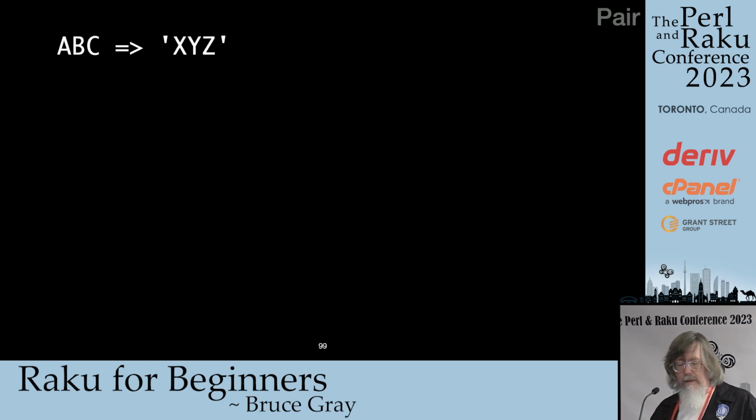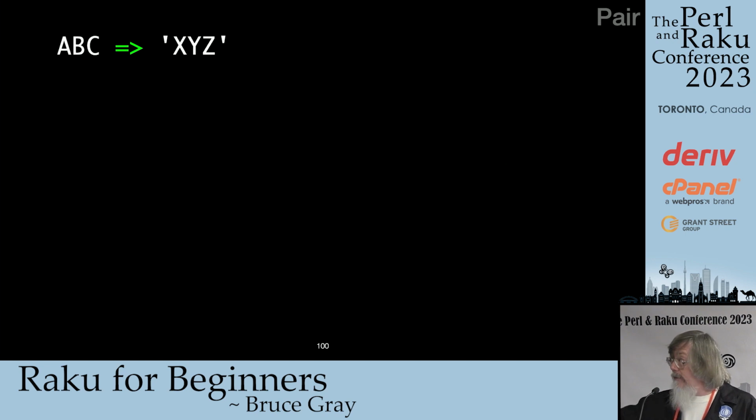So, that in green is no longer a fat comma, it's a pair constructor. It automatically quotes the thing on the left, takes the thing on the right, and makes a pair object out of it, sort of like a two-element array, except instead of talking about the two elements as 0 and 1, you talk about them as the key and the value.